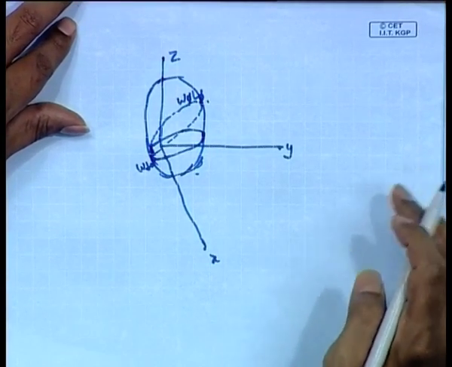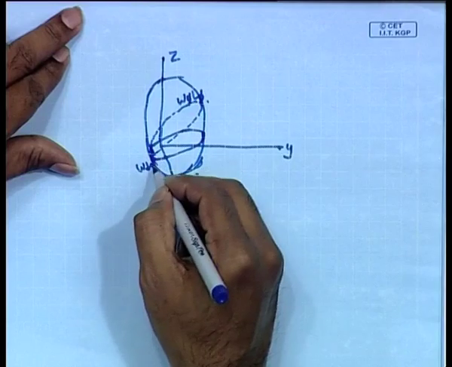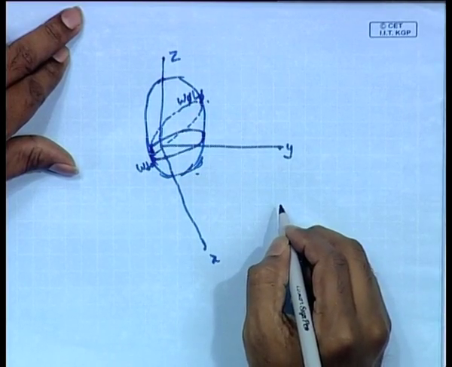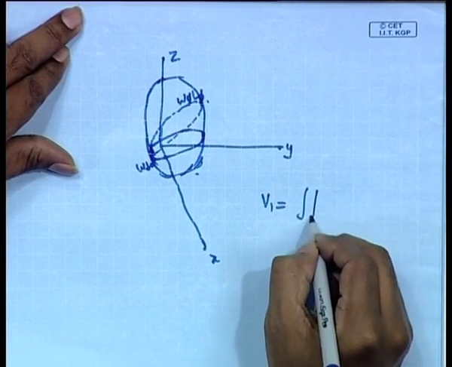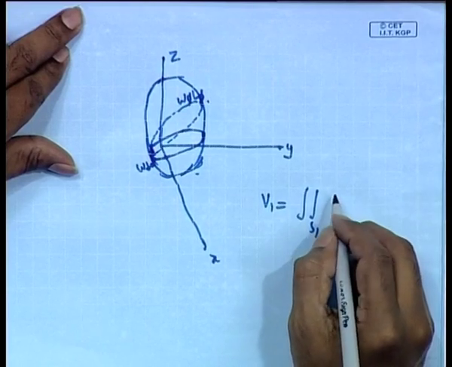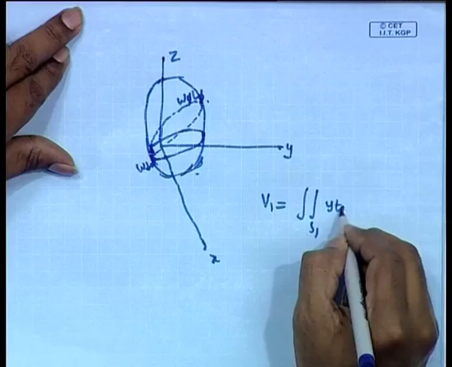Now since there is no change in the volume of the body, we can say directly that the amount of volume that sinks in will be equal to the amount of volume that submerges out. This is true for what we generally call wall sided bodies. So W5 L5 comes out, W0 L0 goes in, so the volume that comes out is equal to an integral; let us say that side is S1, y tan phi.